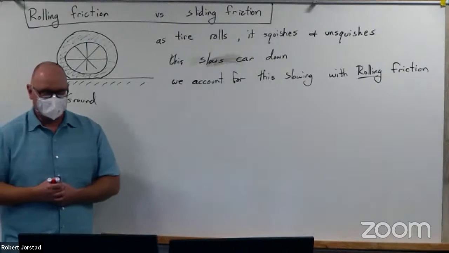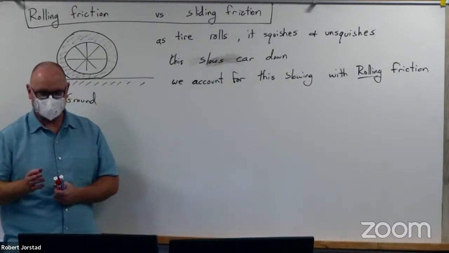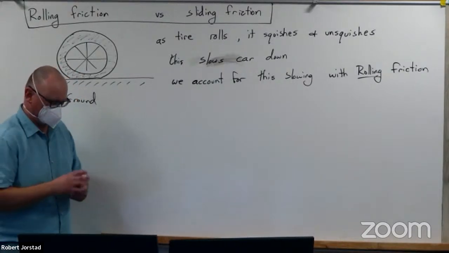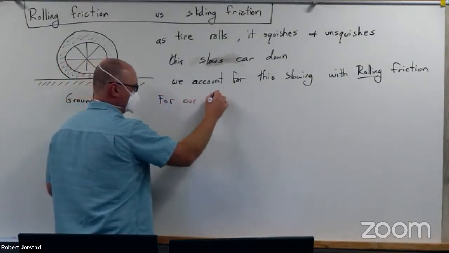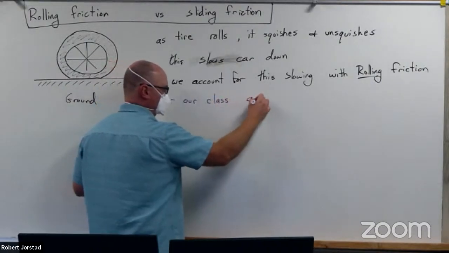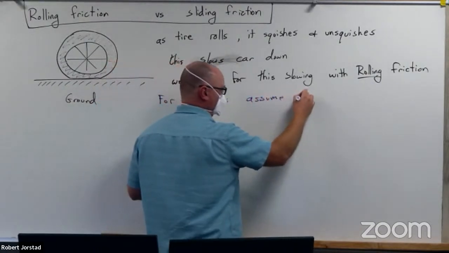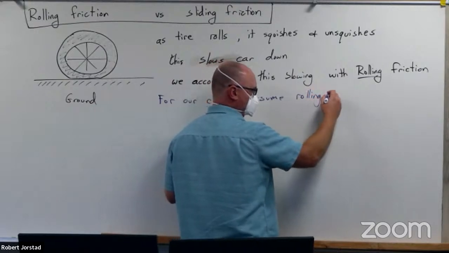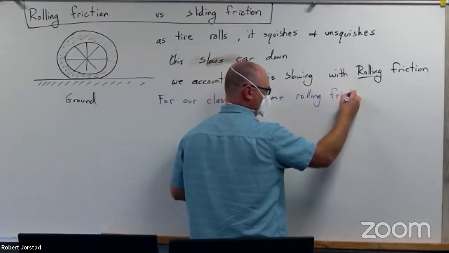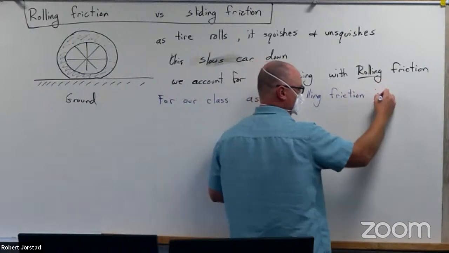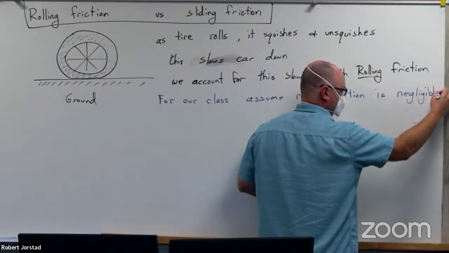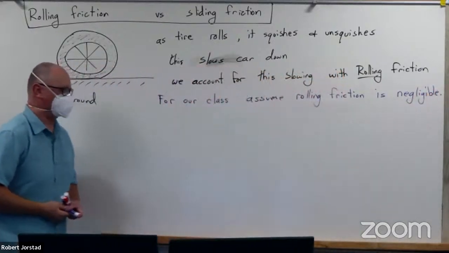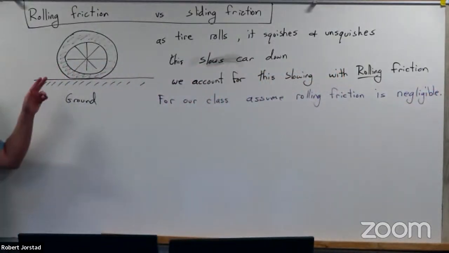Now, fortunately, we're going to do something very convenient for this class. For our class, assume rolling friction is negligible. So basically, I told you about this, and I'm immediately telling you we're going to completely ignore this factor.